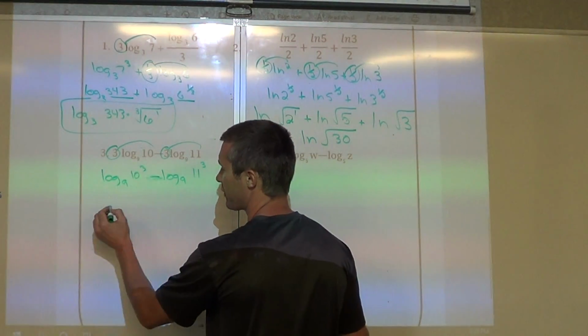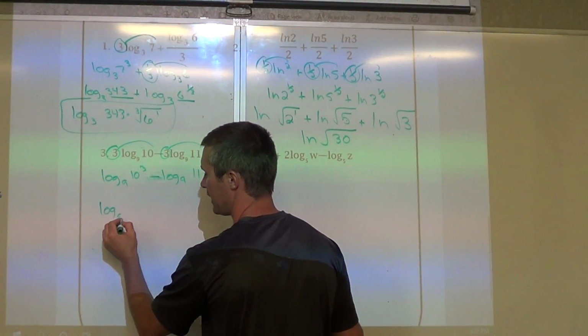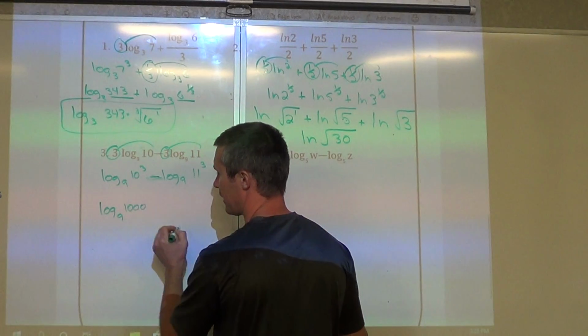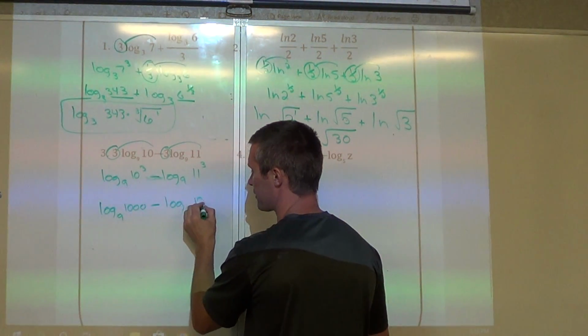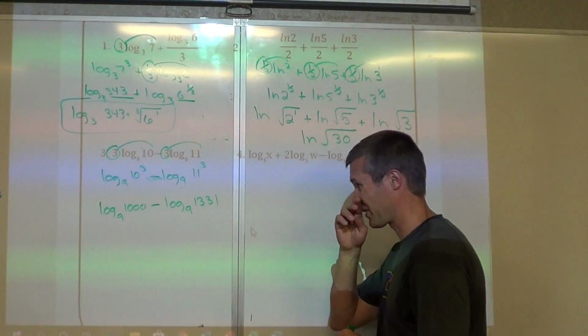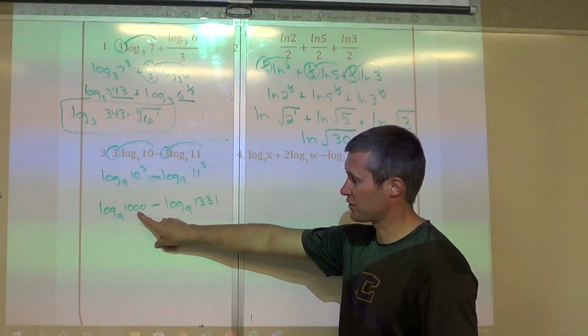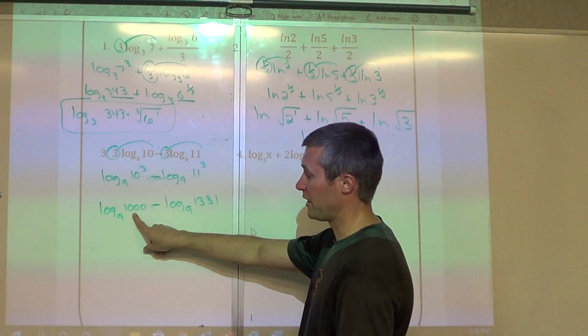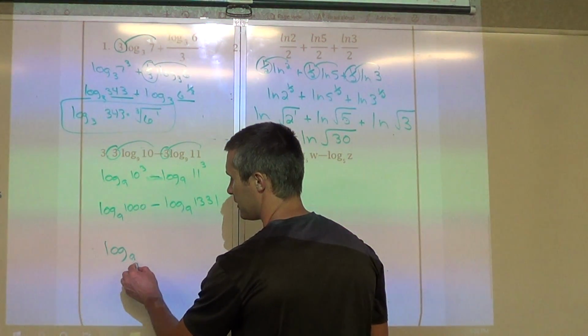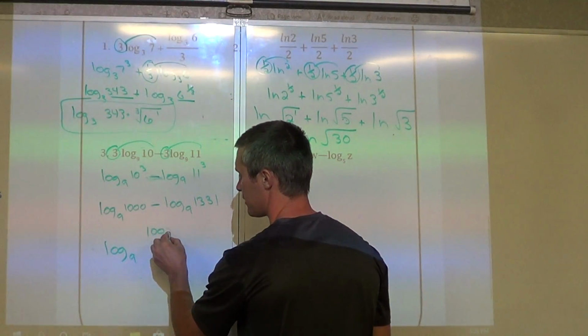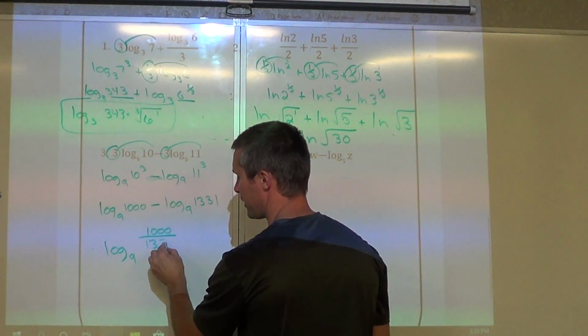So 10 to the 3rd power would just be log base 9 of 1,000 minus log base 9 of 1,331. When I subtract, it just tells me to divide these two numbers. The number on the left goes on top. So it would be just log base 9 of 1,000 over 1,331.